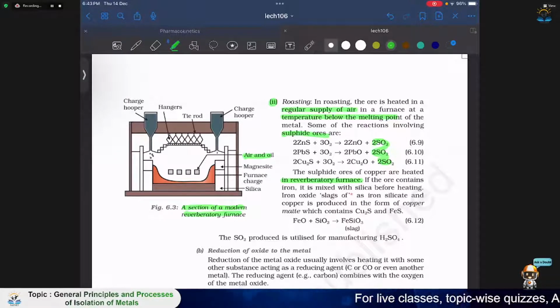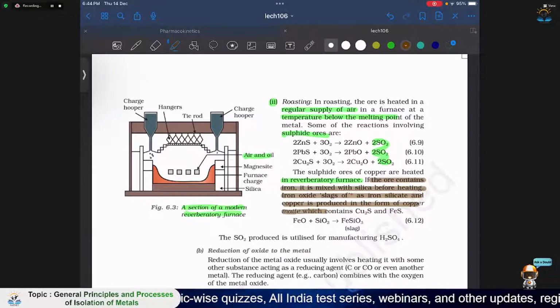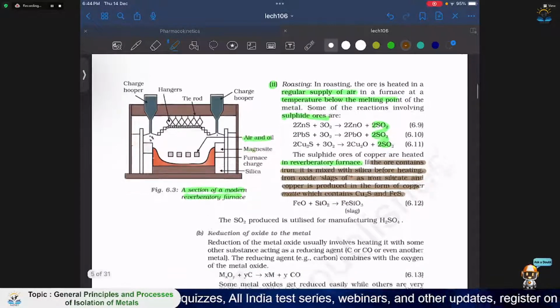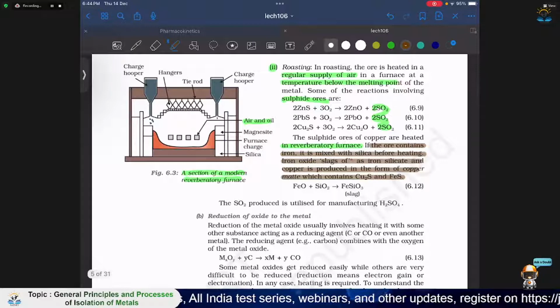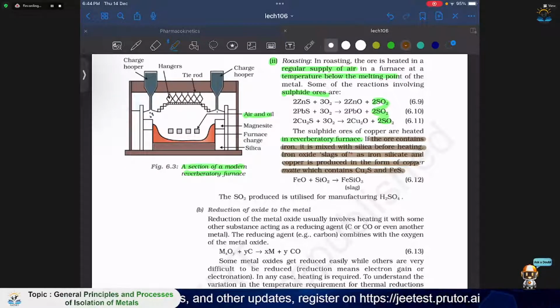Now, an important point is, if the ore contains iron, it is mixed with silica before heating. Why? Because iron oxide slags off as iron silicate and copper is produced in the form of copper matte, which contains Cu2S and FeS. So what is happening is, if iron is an impurity in the ore, how do you remove iron?